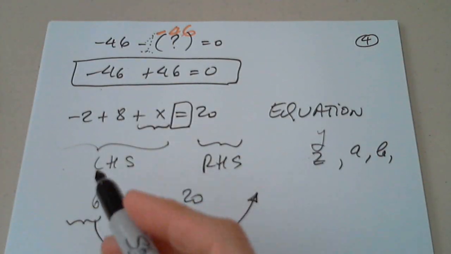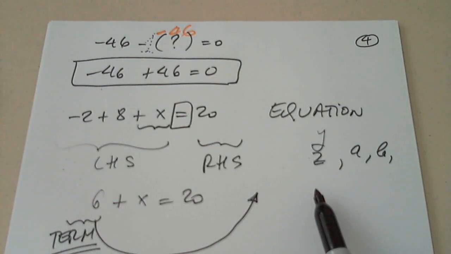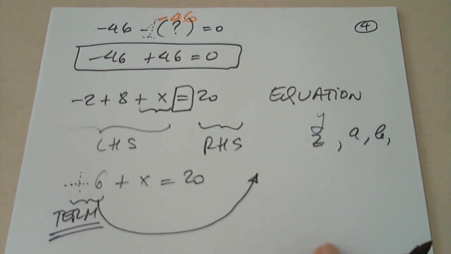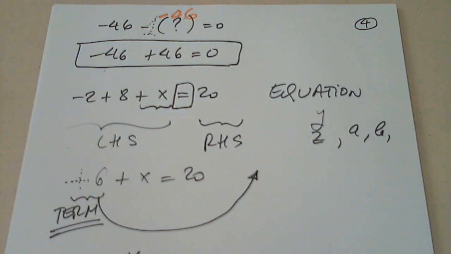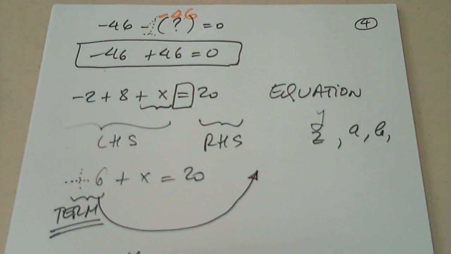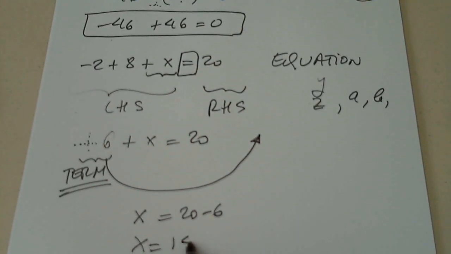But when you move a term, this is a term, from one side to the other, the only thing that happens is it changes its sign. If there is no sign, it's positive. So when I move it to the other side, it becomes negative. So then I have 20 minus 6, and I know that x equals 14.